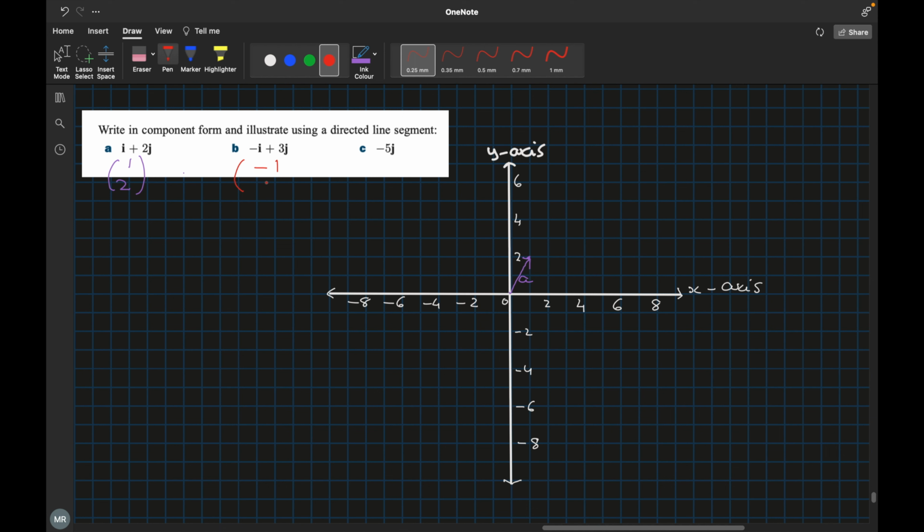This is minus 1, 3. You just think that's a straight line. Okay, that's B. Now let's do C. Minus 5. This is easy. Just a straight line. This is C. This is going to be 0, minus 5.